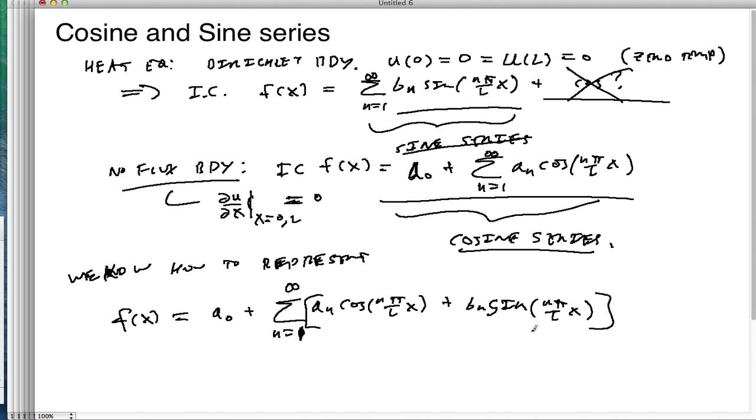We know how to do this sort of thing, and in fact this works for all piecewise smooth functions.